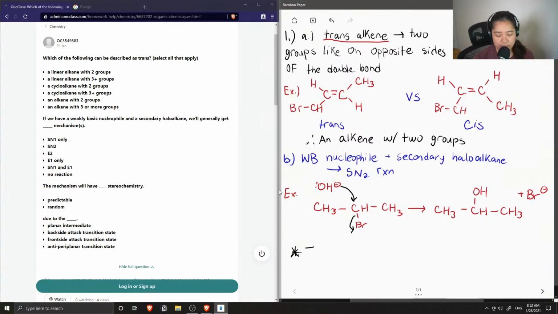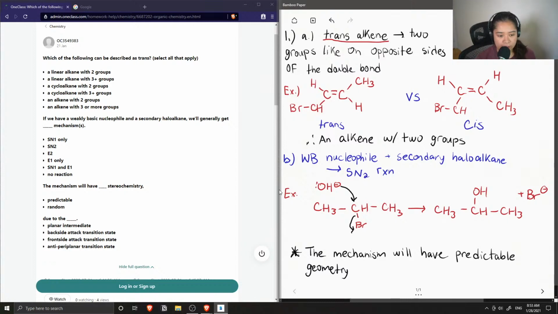And then I would say that for this mechanism, the mechanism will have predictable geometry. And the reason for that is because bromine acts as a good leaving group compared to our two methyl groups that are on this chain.